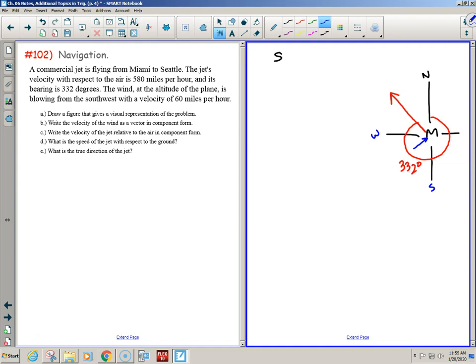Wait a minute, he was supposed to be 580 miles per hour? Oh, stink. Hold on, if I'm trying to make this at least somewhat appropriate, remember how I said in physics we want to make it somewhat accurate? We could do 1, 2, 3, 4, 5, 6. Okay, so he's going to be a little bit shy of 6 units.